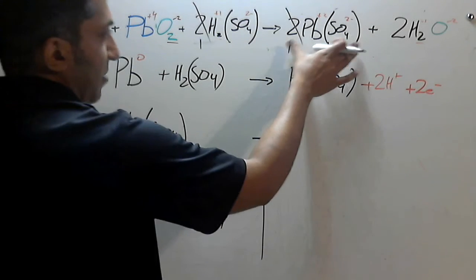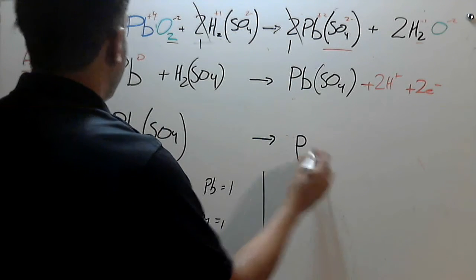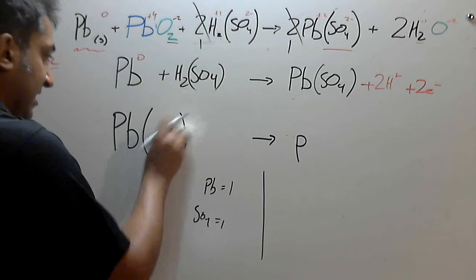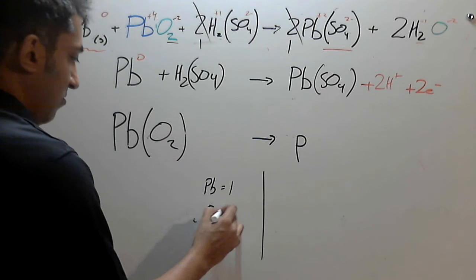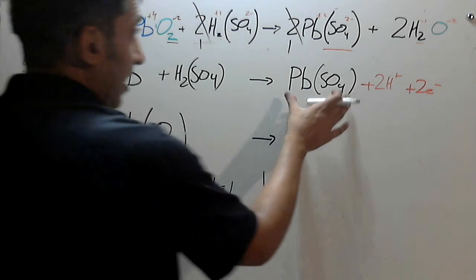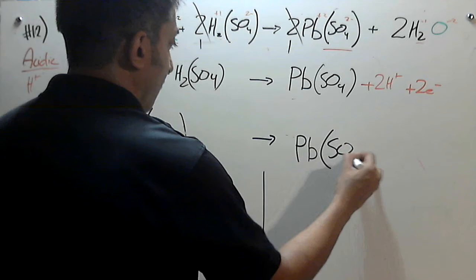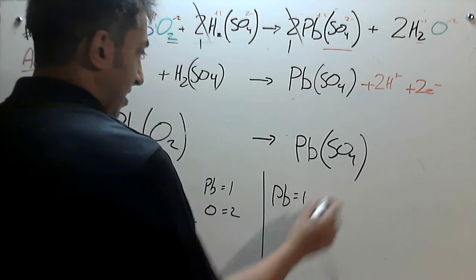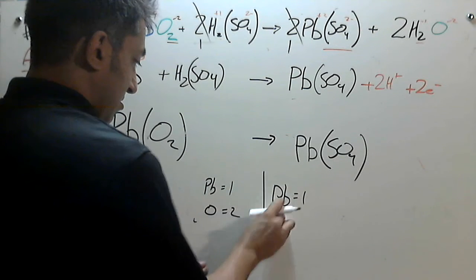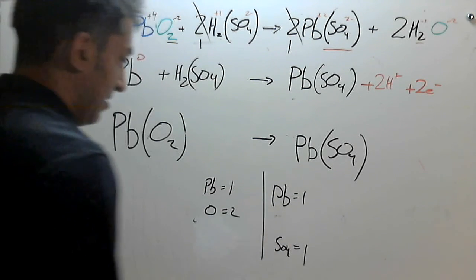I know this is where my Pbs are. Sorry, this is a PbO2. I got a Pb over here, but it's attached to an SO4. So Pb equals 1, SO4 equals 1.